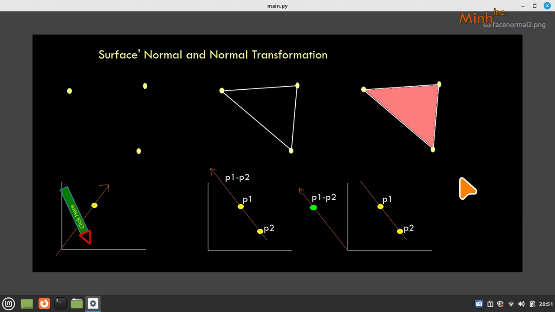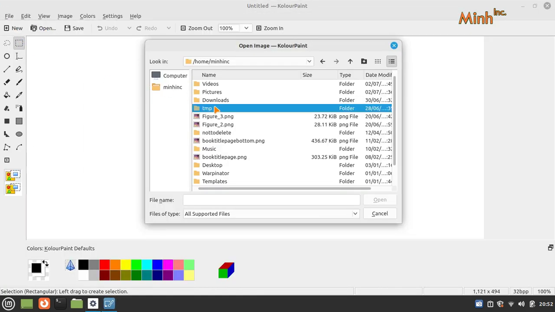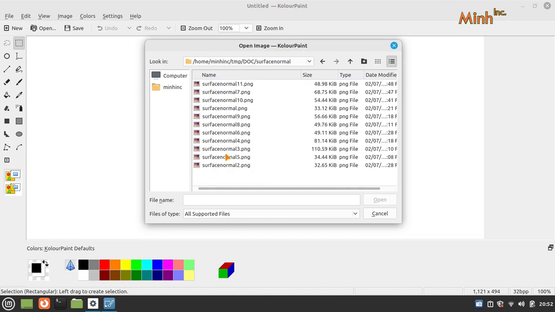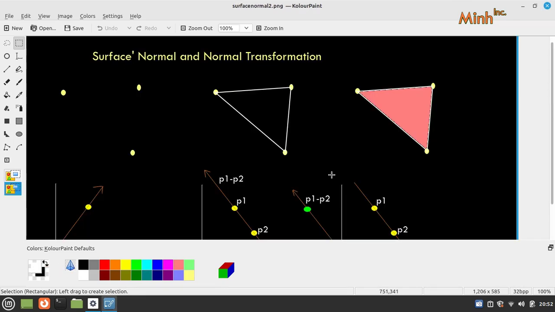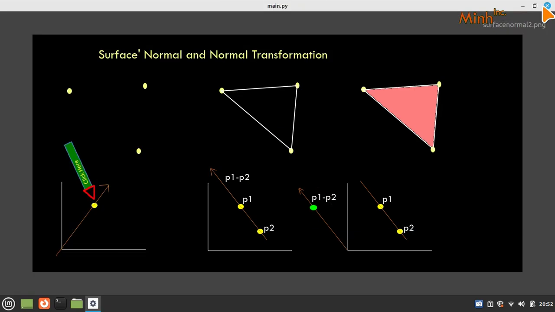Means if I draw from the origin a line to this point, this line is the vector.